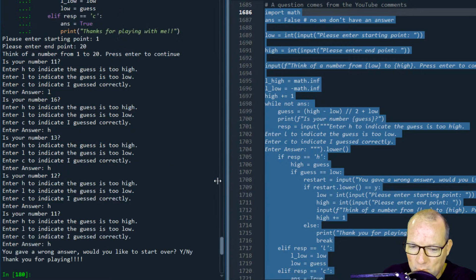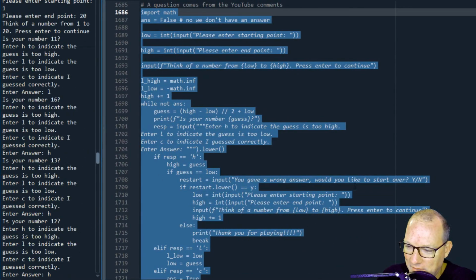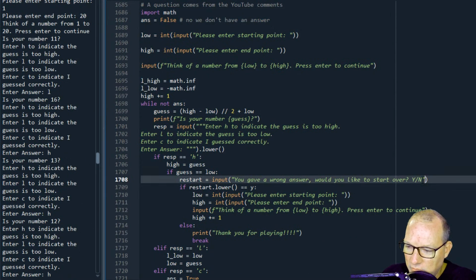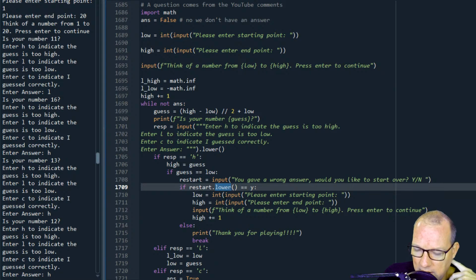Okay, so let's solve one thing at a time. The reason my answer was sitting on top of this N was because I needed to have a space here so it looks nice and clean. And I defended against if the user gave me, and we can also do this.